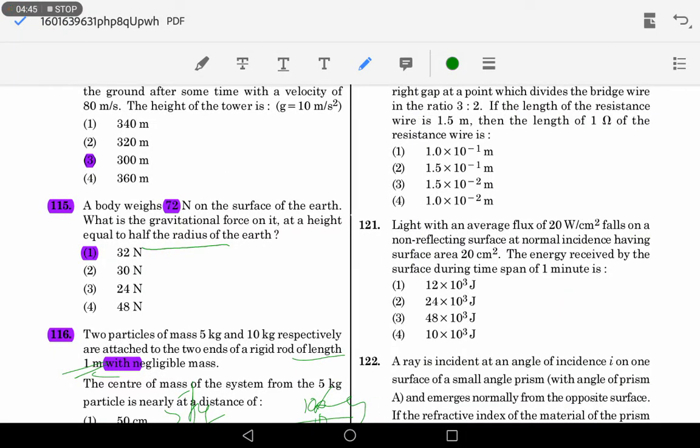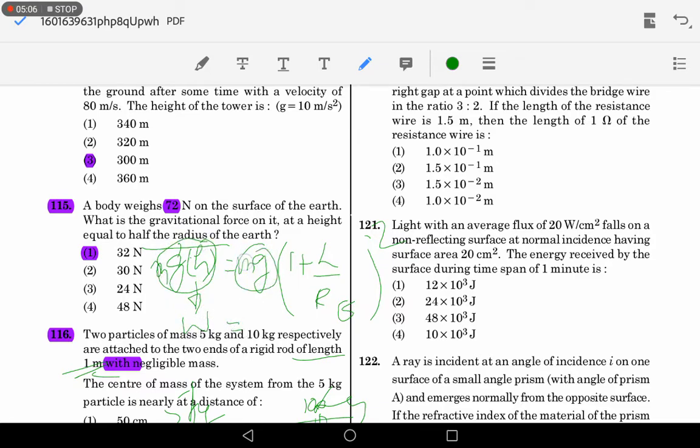So using the formula g(h), or new acceleration due to gravity at height h, is equal to g into (1 plus h by Re) the whole power minus 2. Since the weight is the question, multiply mass on both sides, and this turns out to be the required weight, and this is the original weight.